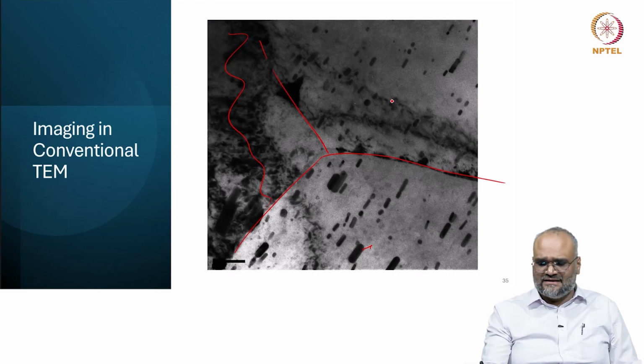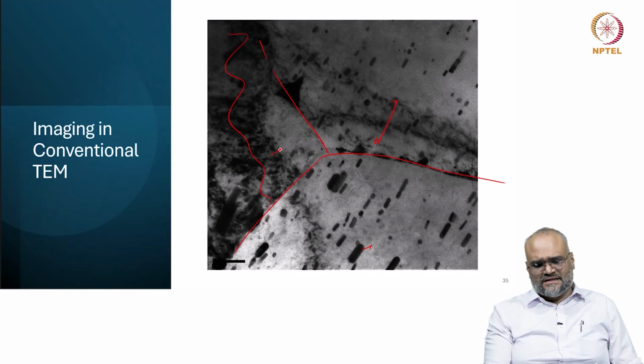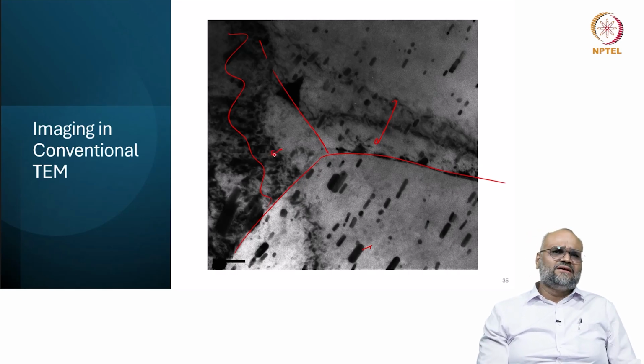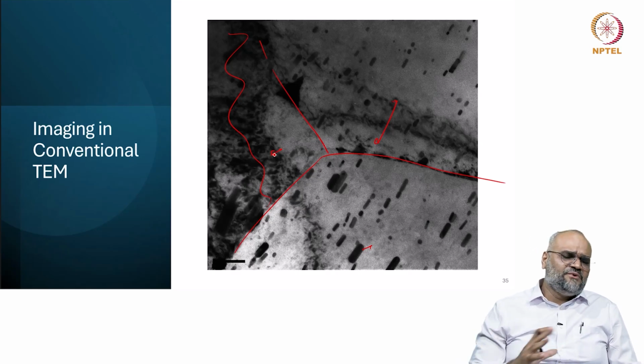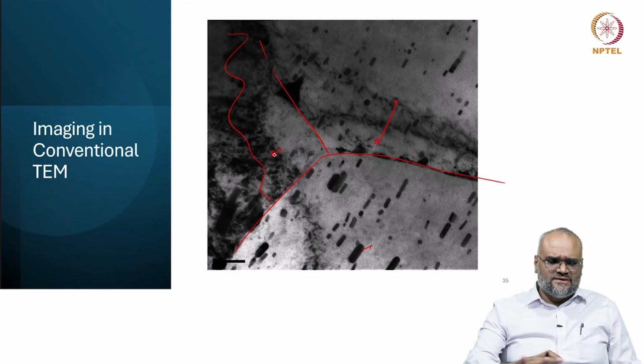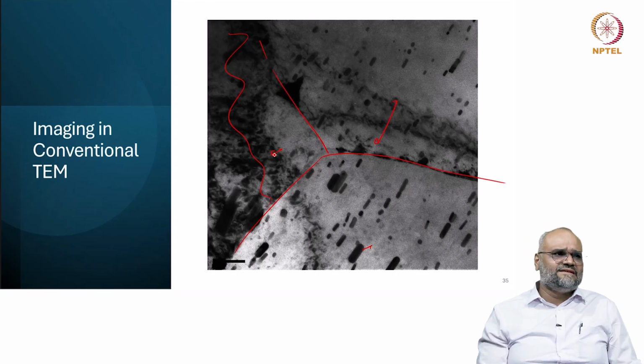This is in fact an example of a bend contour, and this is diffraction contrast due to this particular grain being close to the zone axis. What you are representing in this image is the distribution of amplitude over 2 dimensions that you are recording on the fluorescent screen or on your CCD camera.